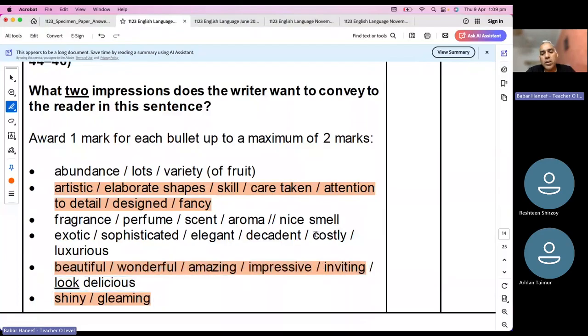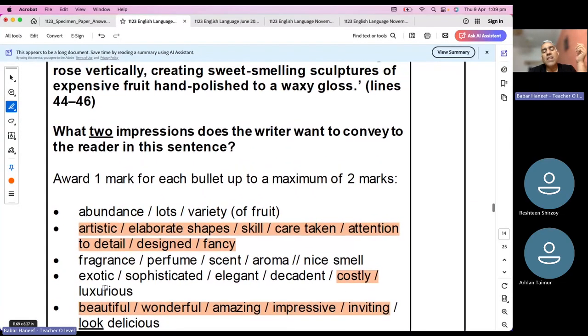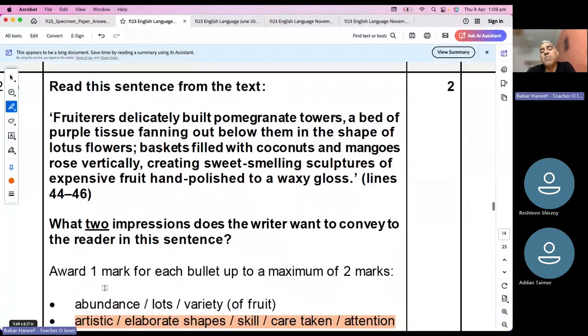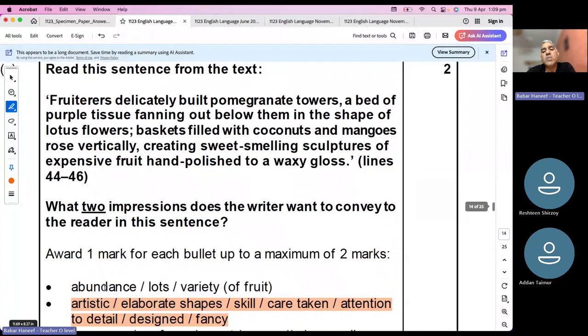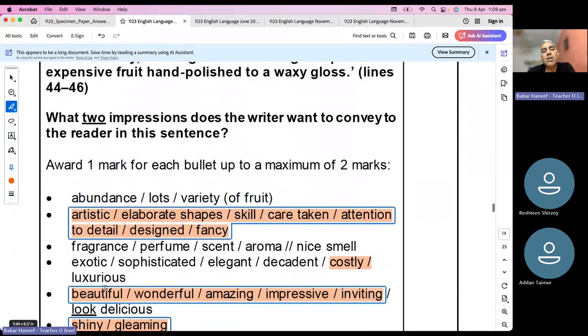And then earlier you said expensive. So they are costly, luxurious fruits. So this is an artistic way of presenting fruits, and they seem to be very expensive because they're being polished with an expensive shine.